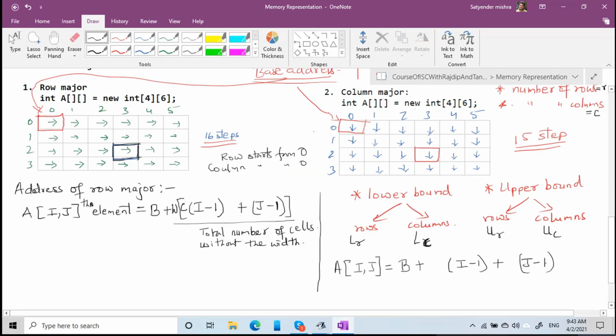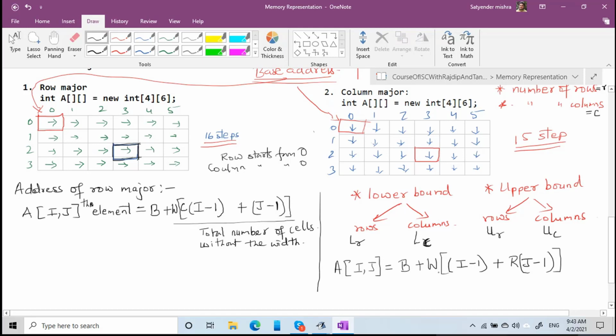And you know that here we are traversing through rows, so that row is multiplied with the columns, right? The number of rows will be multiplied with the column, which I have over here, and this whole thing is multiplied with the width of the data type.